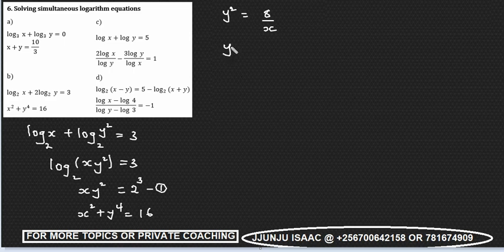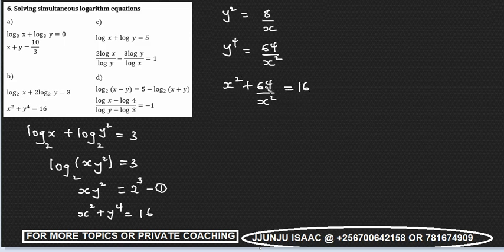It means that y to power 4 is 64 over x squared, because we square both sides to get y to power 4, and this will be 64, the other will be x squared. Now this gives us x squared plus 64 divided by x squared equaling to 16.